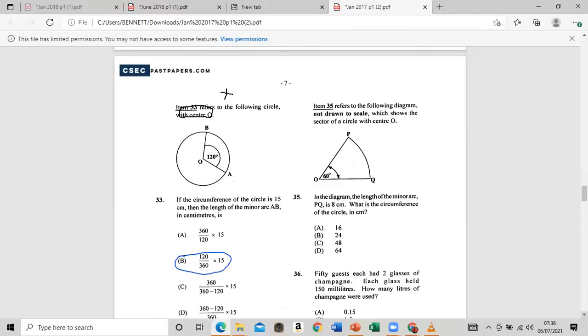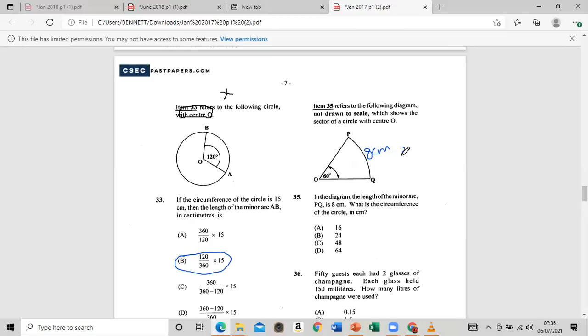Alright, 35. In the diagram, the length of the minor arc PQ is 8 centimeters. So I'm going to just put in that. Guys, write on the paper all the information, right? What is the circumference? So basically what they're saying is that if 60 degrees is equal to 8, this is my reason. For every 60 degrees, you're going to get 8, right?